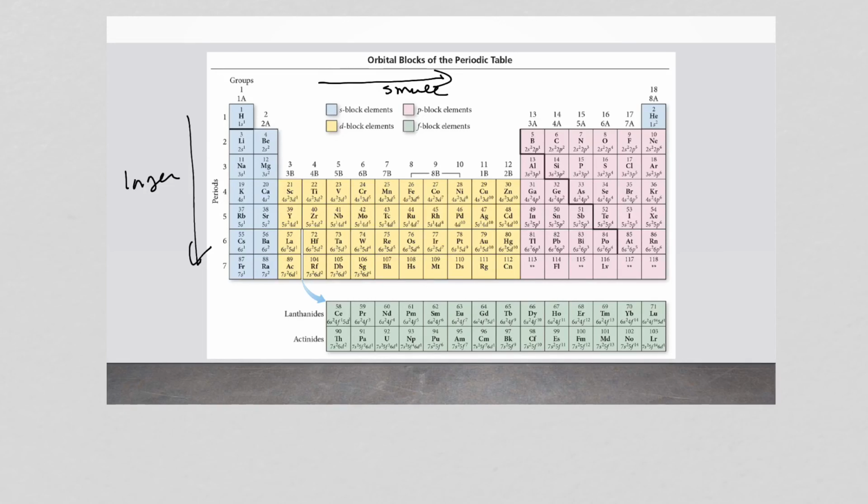So if we look at this as a whole, your biggest atoms are going to be down here, your smallest atoms are going to be up here. So this means your biggest atoms are going to have your lowest ionization energy. Your smallest atoms are going to have your highest ionization energy.